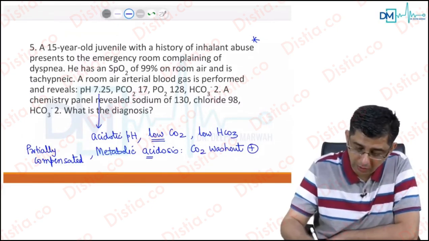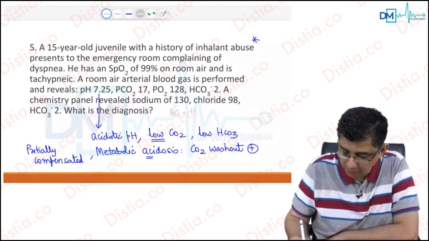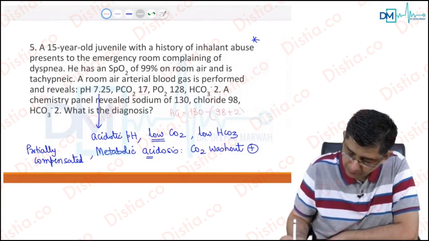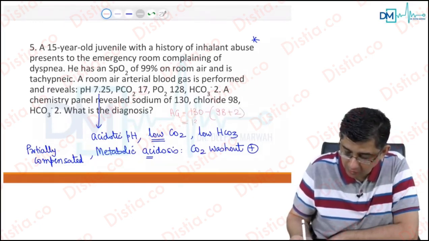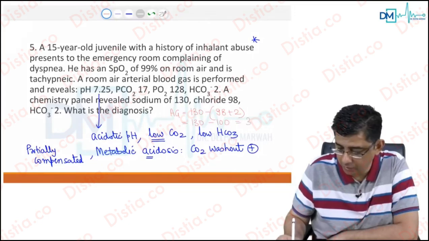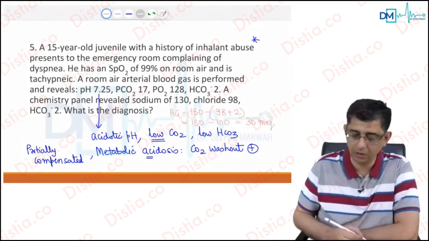Let us now calculate the anion gap of this guy. The mathematical anion gap would be 130 minus the value of chloride and bicarbonate. You can see that the anion gap of this patient is very high. Normal anion gap should be taken as about 10 milliequivalents. This is about 30 milliequivalents.